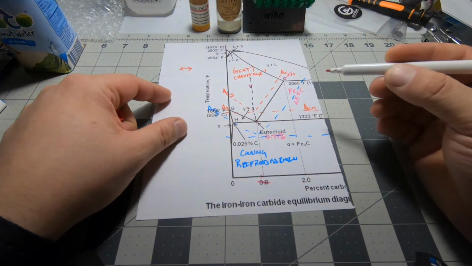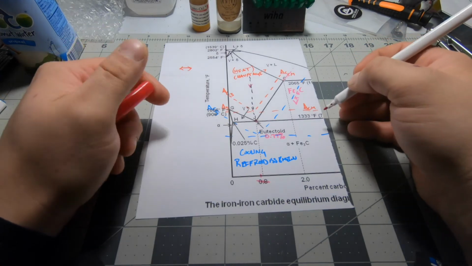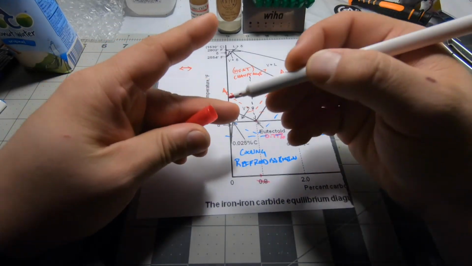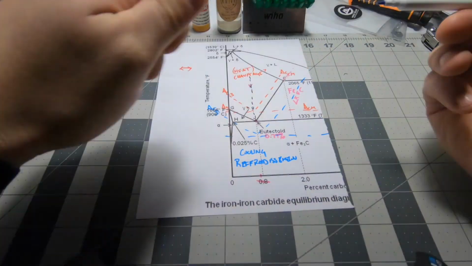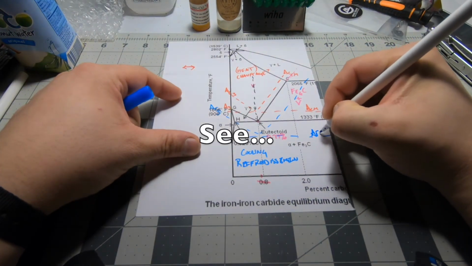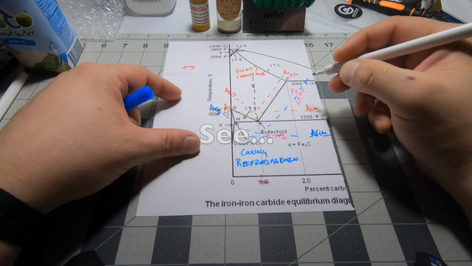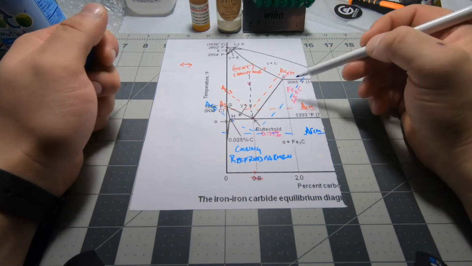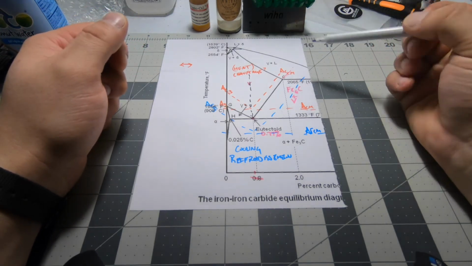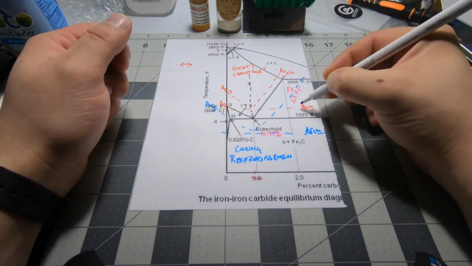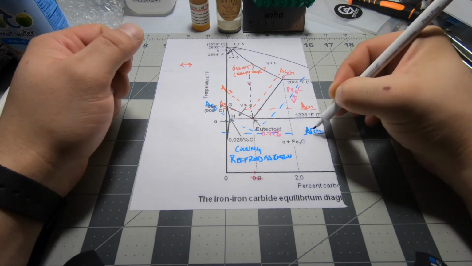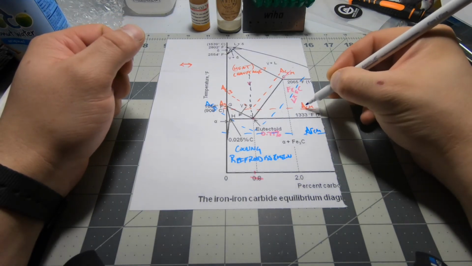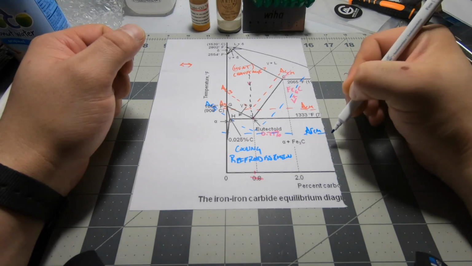and then we're going to do ARCM, sorry, ARCM here, because then we're going from, you know, this point down would be coming from austenite to cementite.